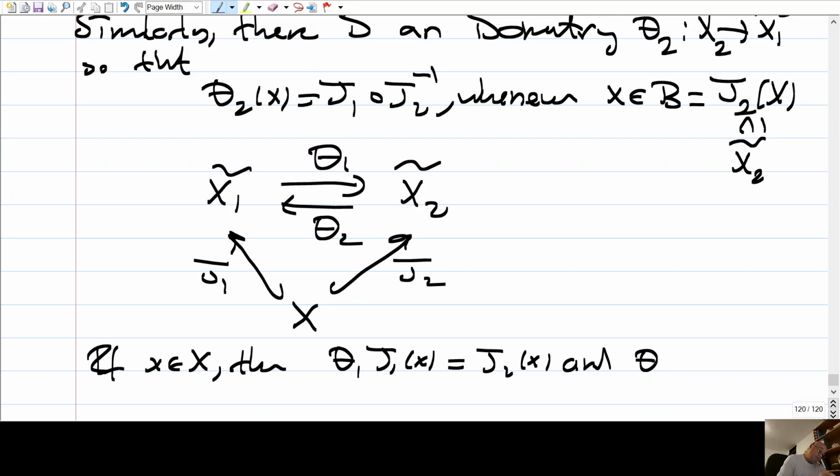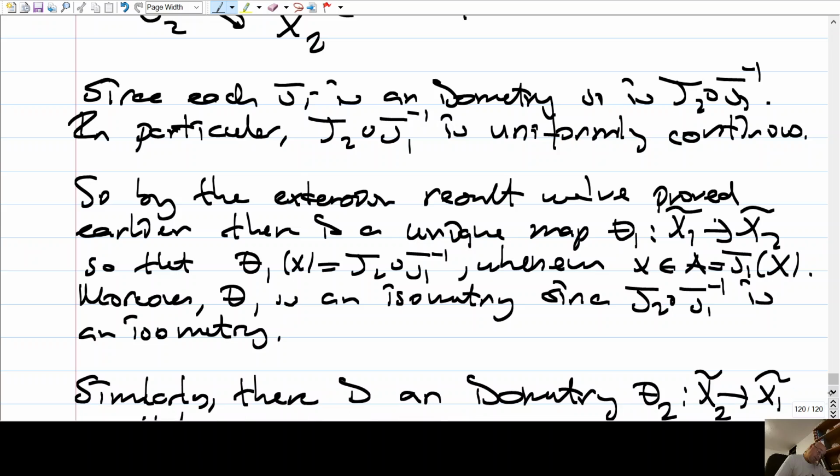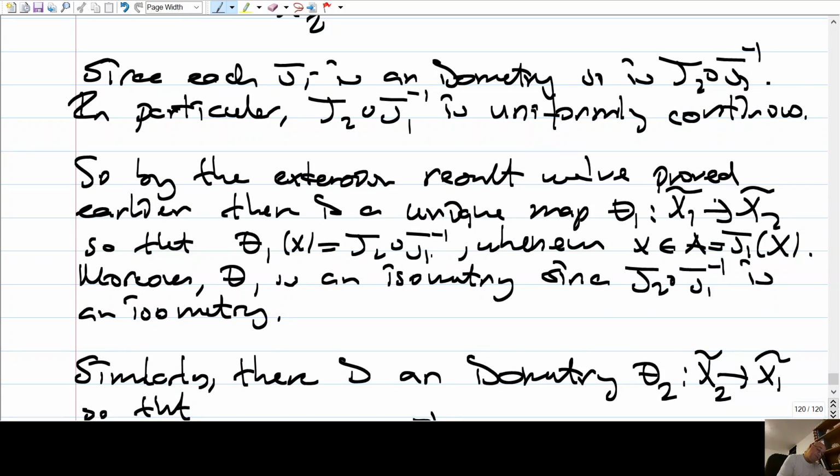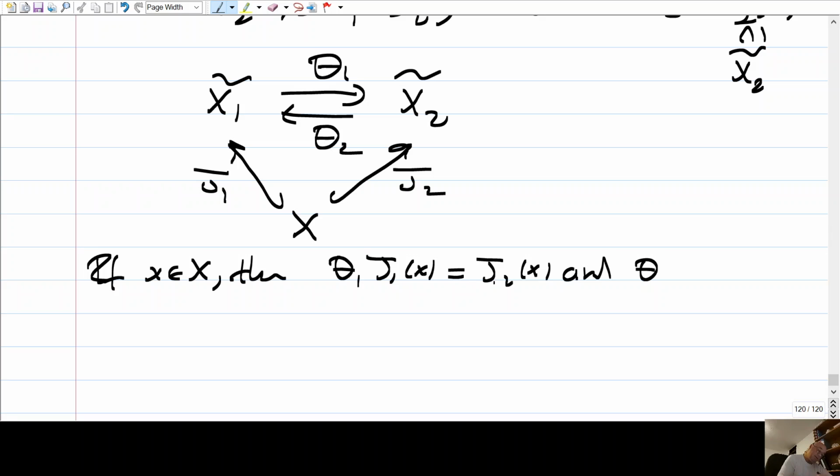Why is that? Because theta 1 is just j1 inverse j2. So if I put here j1 of something, they will cancel each other, and I will just get j2. This is j1 x.